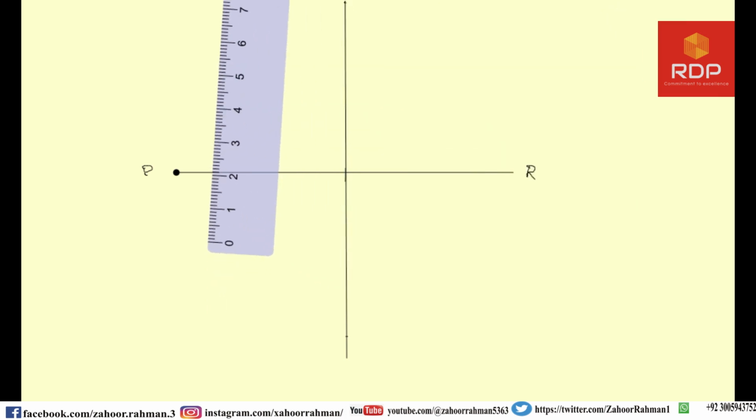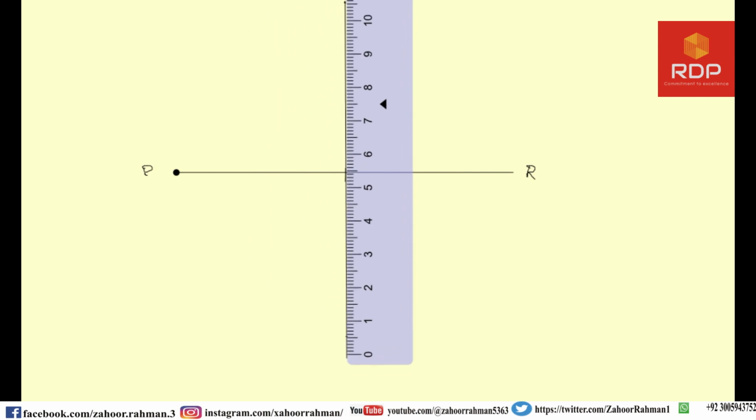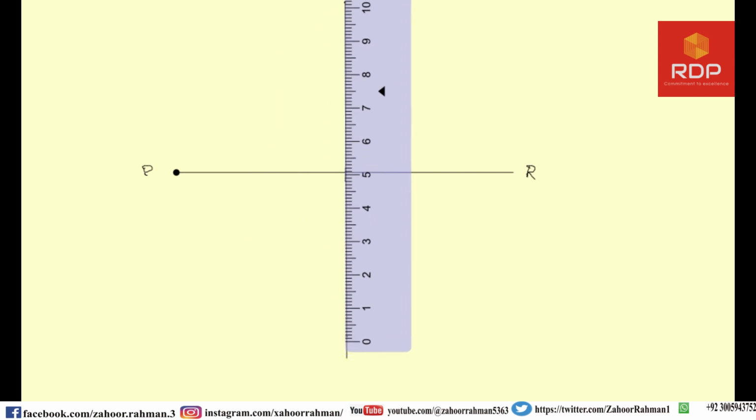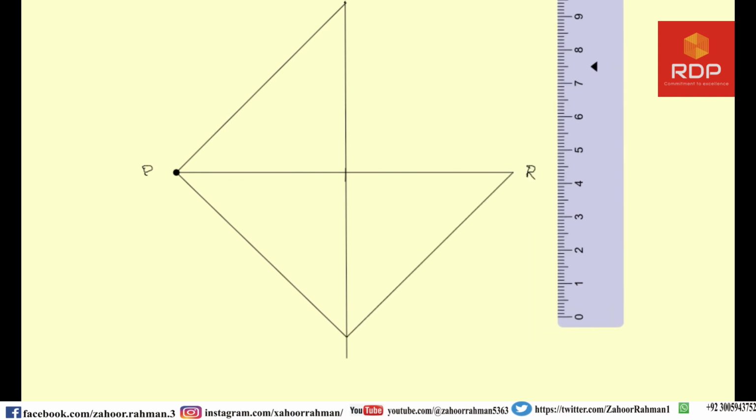and here we also have to draw it as 5 centimeter, which will be somewhere here, that 5 centimeter, and on the other side it will be here. So I have to connect this line with this, and this line with this, and similarly this line with this, and this line with this.